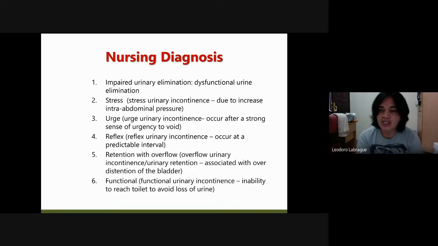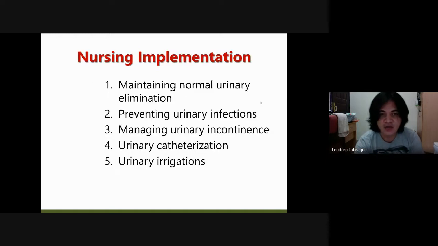Or I might ask, which of the following is the cause of stress urinary incontinence? A, sneezing or coughing. B, distension of the bladder. You know already that stress urinary incontinence is caused by intra-abdominal pressure from coughing or sneezing, and that is the correct answer.